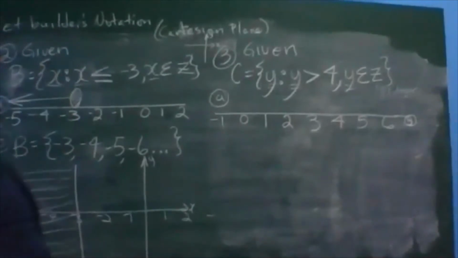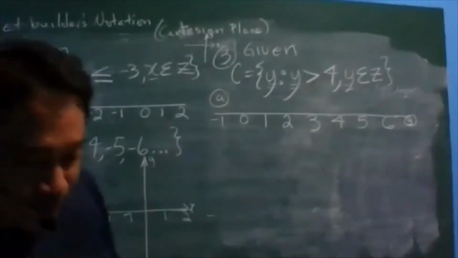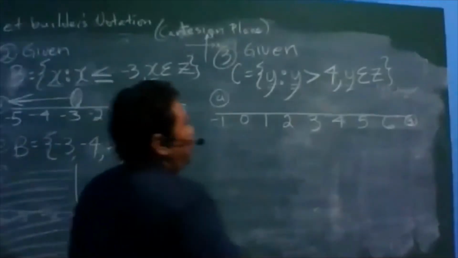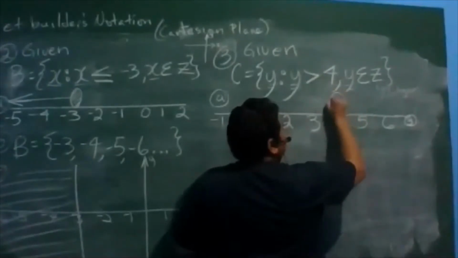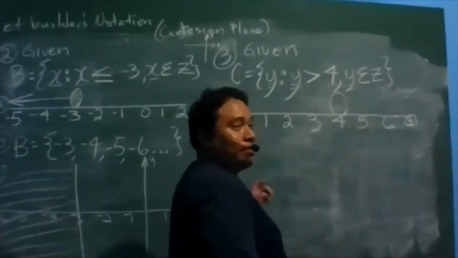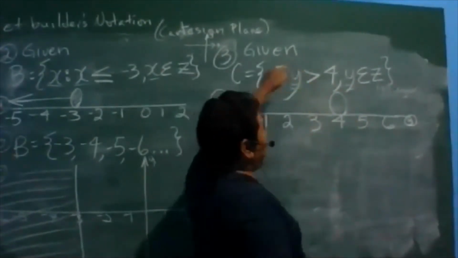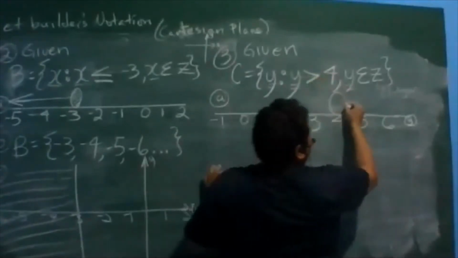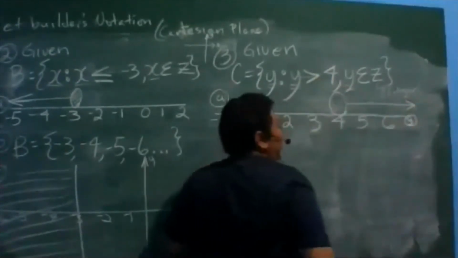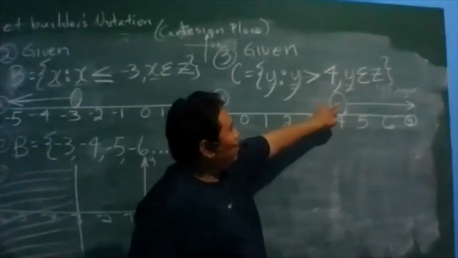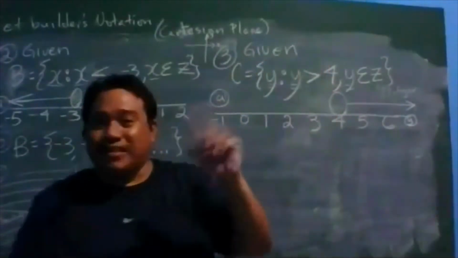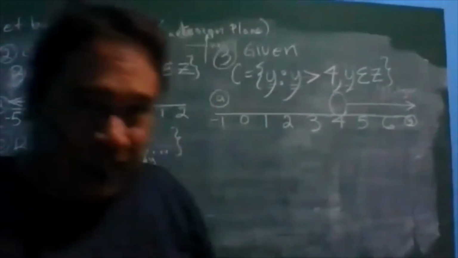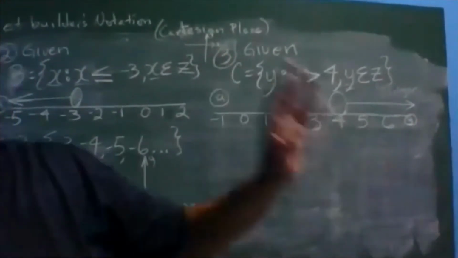All right, let's continue. So when it's greater than, it goes to the right? Yes, so we meet at 4, and as you said, it's going to the right. I do not shade because the 4 is not included.